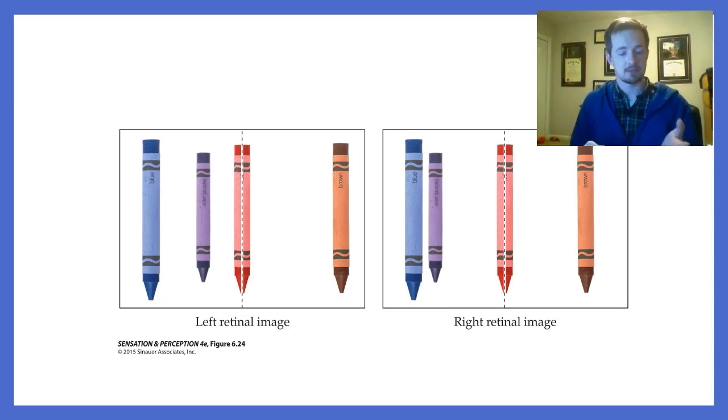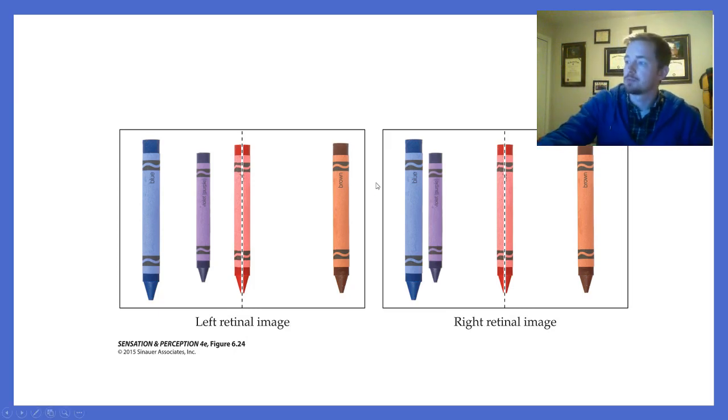To put it a different way, when we compare these two visual fields, your left retinal image and right retinal image, objects that are more different when you compare them are farther away from us. Things that don't change are closer to us.